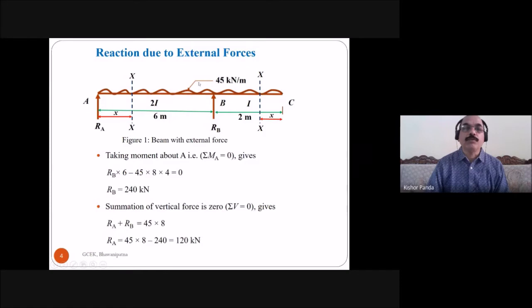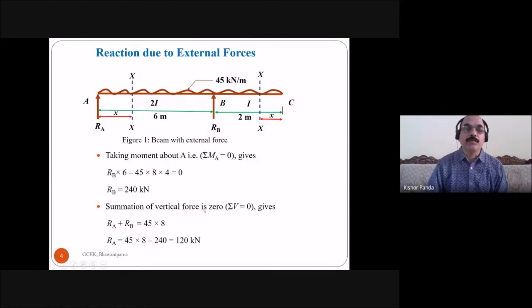The total load is 45 into 8, and the centroidal distance from A is 4 meters. RB into 6 minus 45 into 8 into 4 is equal to 0. Then RB is equal to 240 kilonewton.